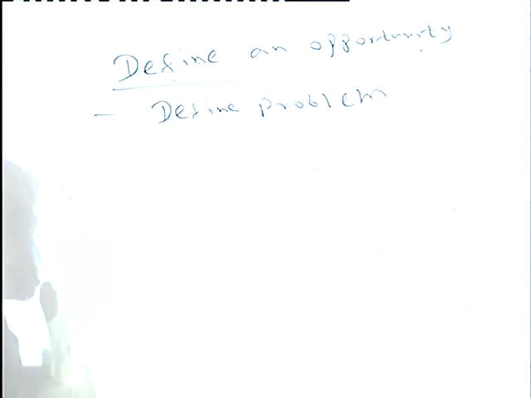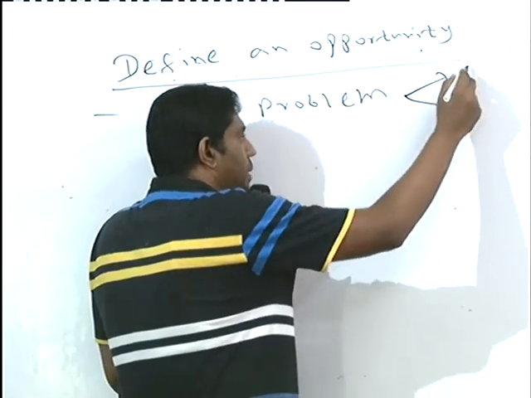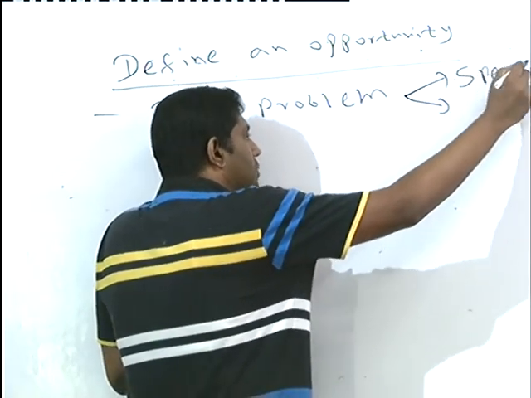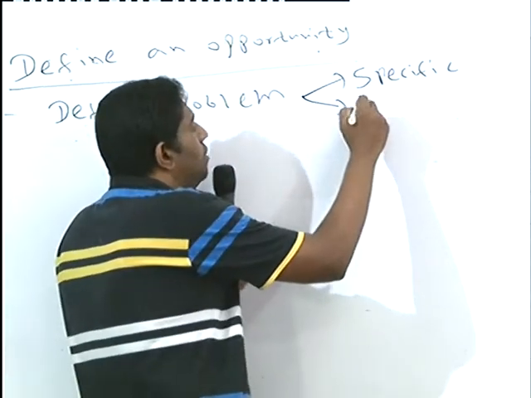Normally when you are defining the problem, you are dealing with the existing process. The existing process should be defined in specific and measurable form.